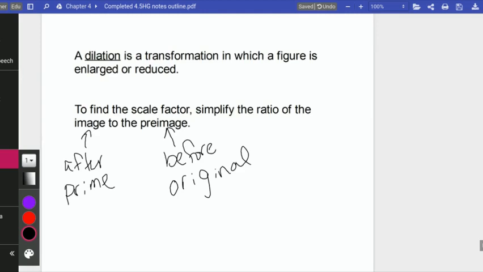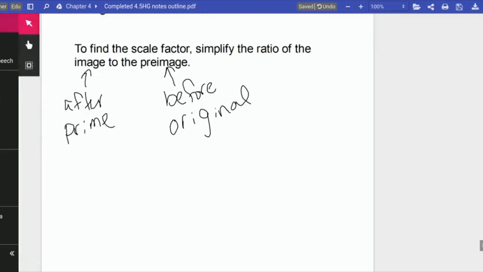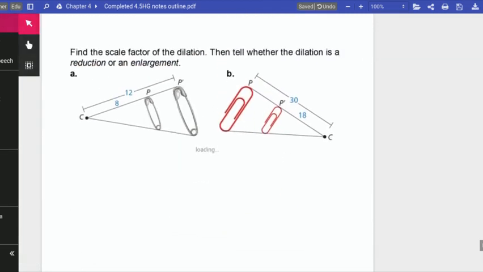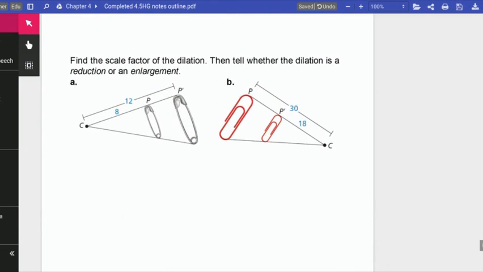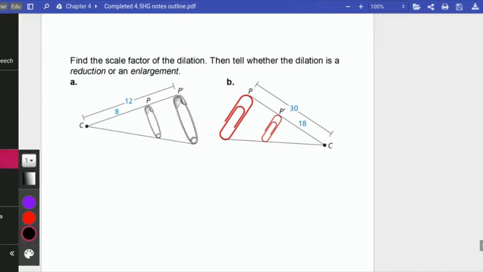Let's look at an example of that. So we're trying to figure out what the scale factor of the dilation is in both of these pictures. I'm going to do A with you, and then I want you to pause the video and do B and check yourself. So it's important to note which one is the image, which one's the prime, and which one's the original.